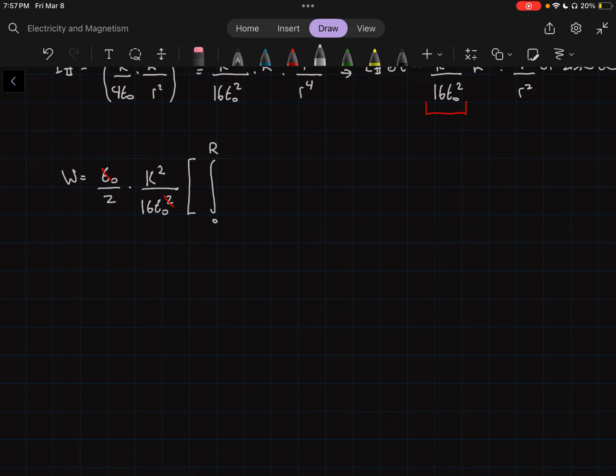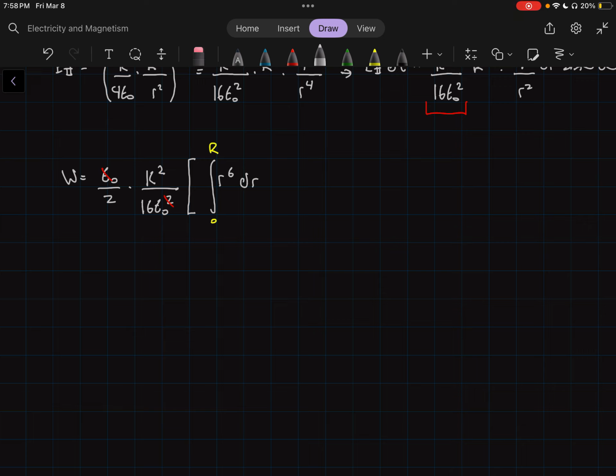These bounds are important, actually. I'm going to write them in yellow. From 0 to r of r to the 6th, because this is E1, this is inside the sphere. So we're going from 0 to r, and then the next one will be r to infinity.